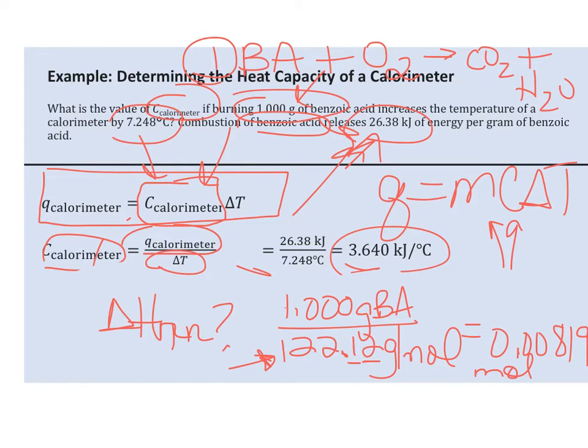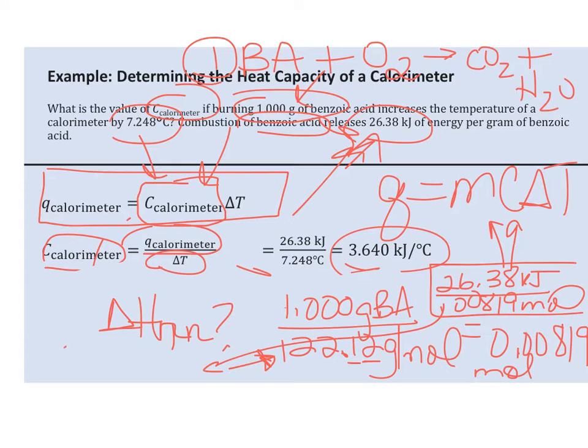So now, to get the delta H for that reaction as written, it is simply 26.38 kilojoules divided by 0.00819 moles, and that will give you delta H of reaction, okay, per mole. Assuming I plug that into my calculator right, I get the delta H is 3,221 kilojoules per mole.